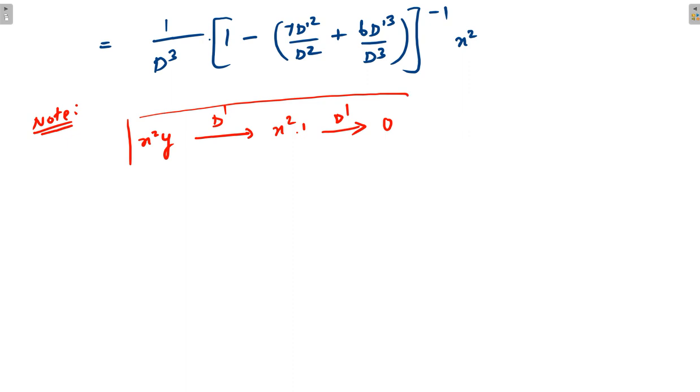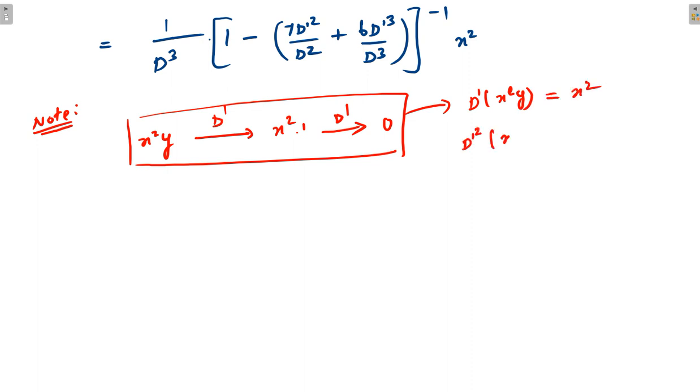So from this table you can understand D' of x squared y is equal to x squared, but D' squared of x squared y is equal to 0. So that means D' power 3 you may get again 0. So only D' of x squared y gives non-zero terms. The remaining higher powers are going to be 0. So you must know the idea we are going to apply in this process.